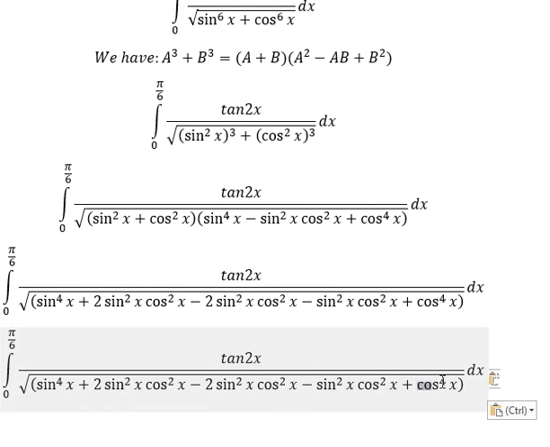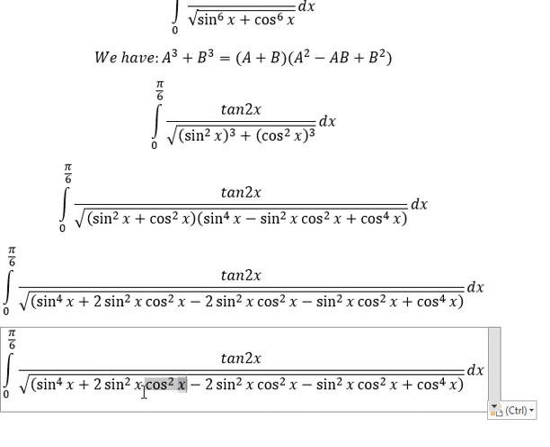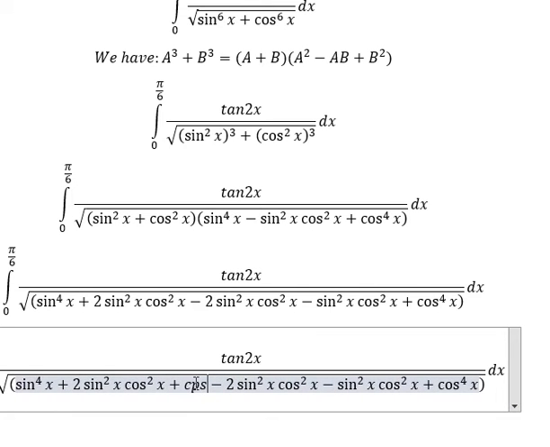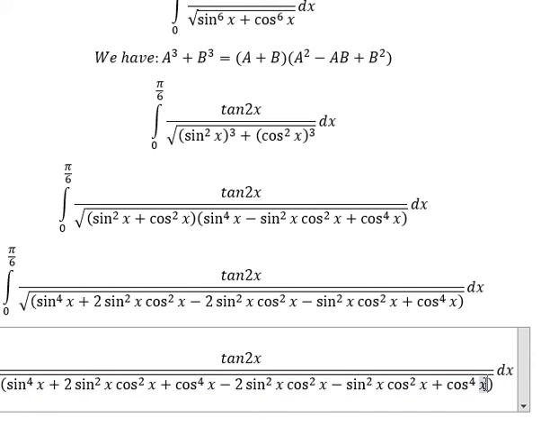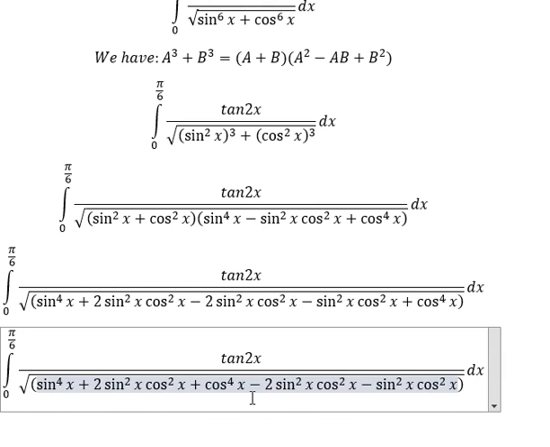So, we combine this one and this one. This one is negative number 3.